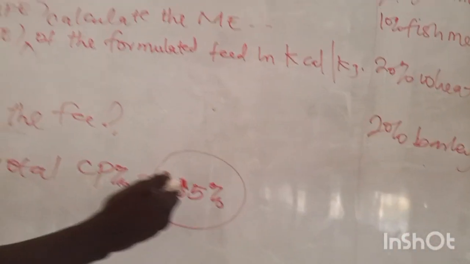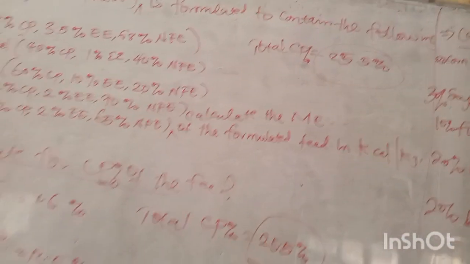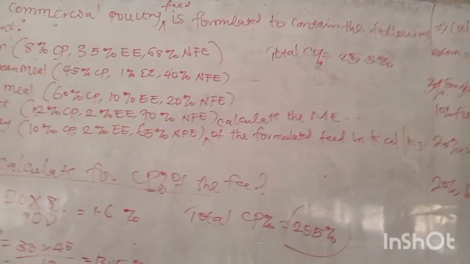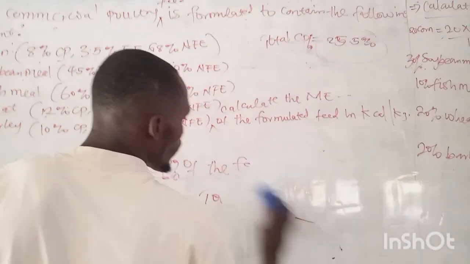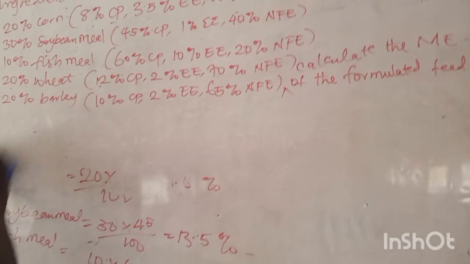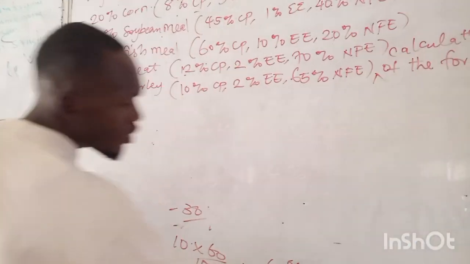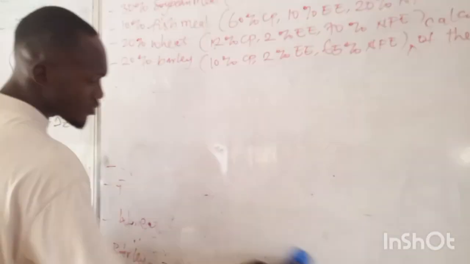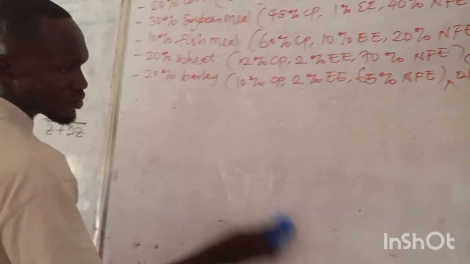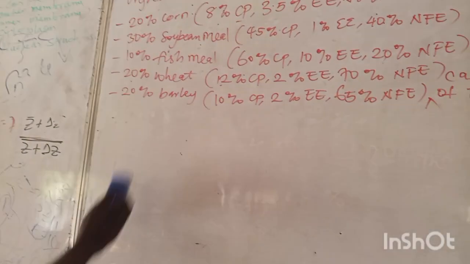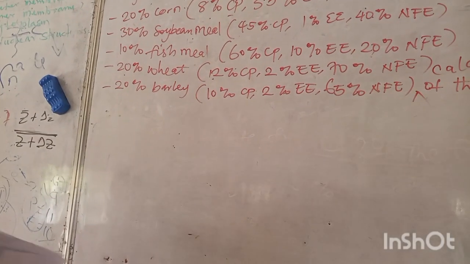I want to clean this place, that's why I'm just transferring it to this place so that we will not forget about that. Alright, it's going to be very, very simple.